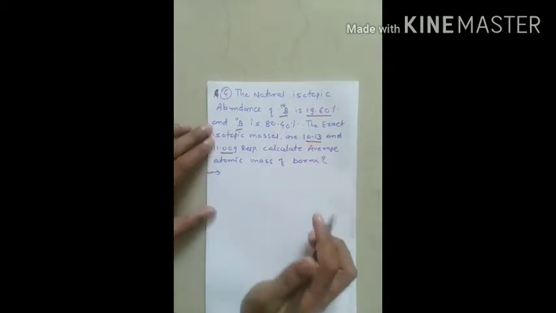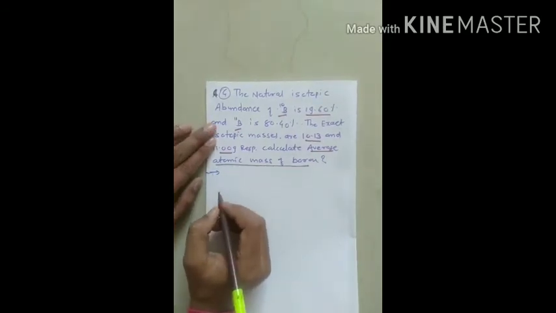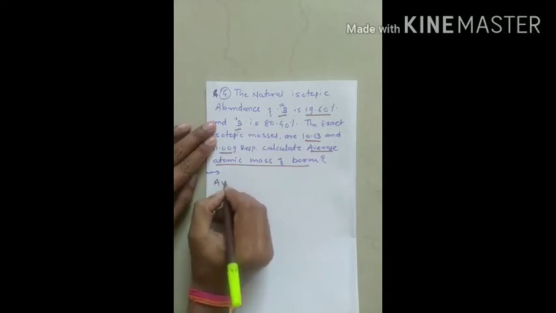Here we must remember the formula for the average atomic mass of any element. For boron, I am writing the formula directly.